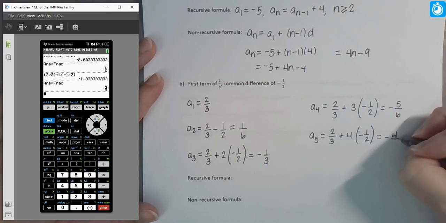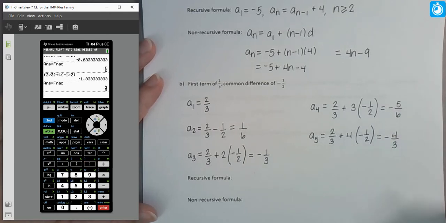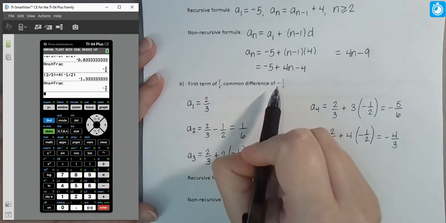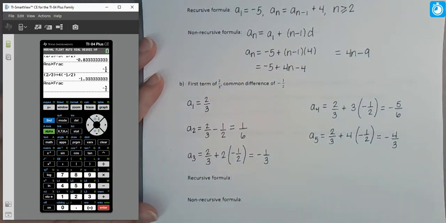And so those would be the first 5 terms in our sequence. And keep in mind, if we were to look at any pair further out, take a term minus the previous term and subtract, we end up with that common difference of negative 1/2. So every pair is separated by a difference of negative 1/2, which is the hallmark of an arithmetic sequence.